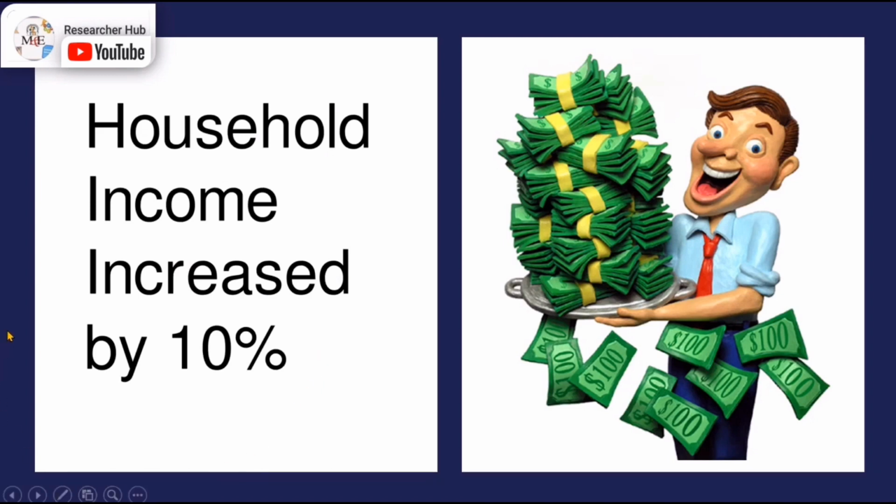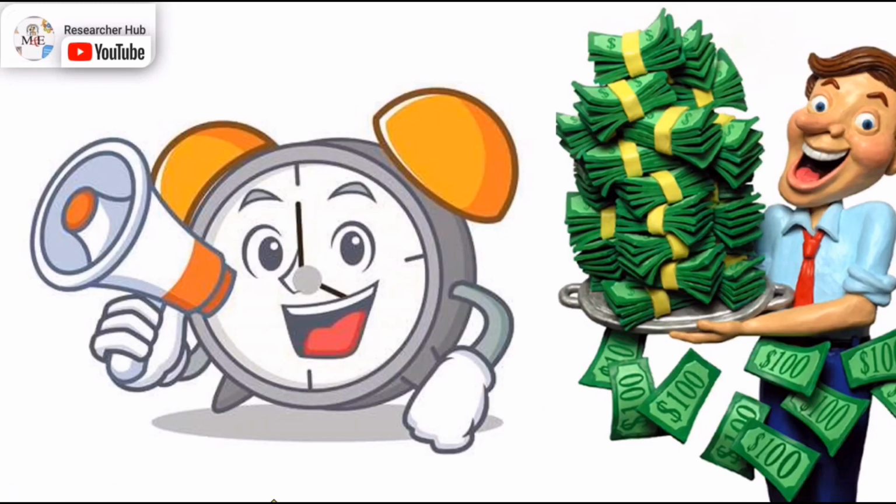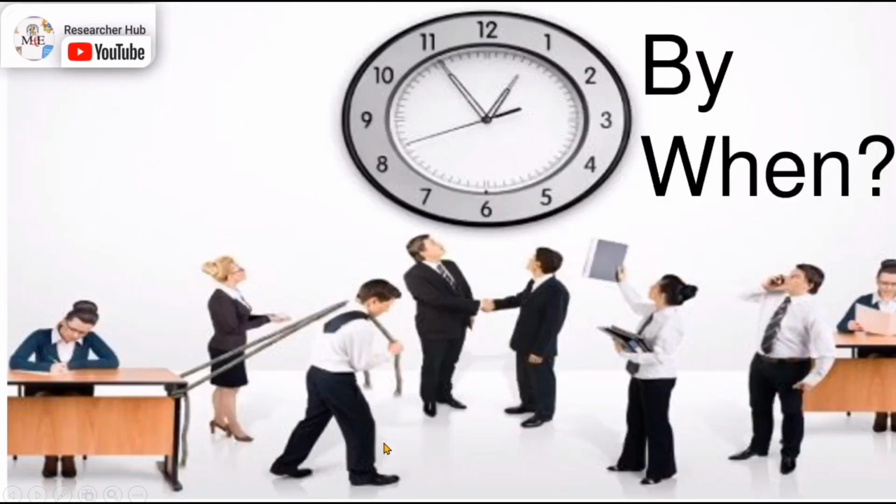So there is no time-bound for this indicator. You cannot tell by when you would like to achieve that. Is it by the first year of the project, or by the end of the project, or after 10 years of project ending? It's not sure, right? So you must have a time-bound in the indicators. A time-bound is very important to determine the indicator achievement, when you would like to achieve it.